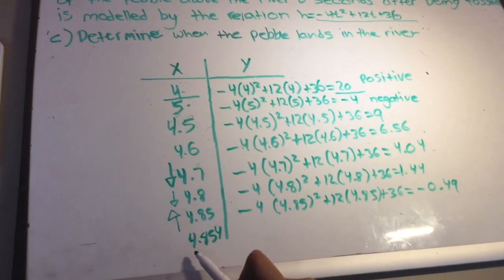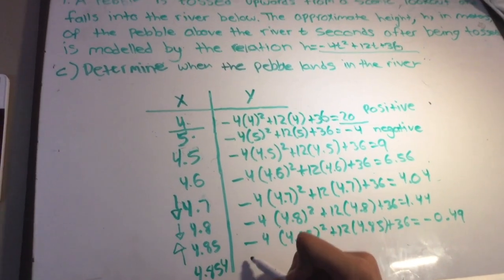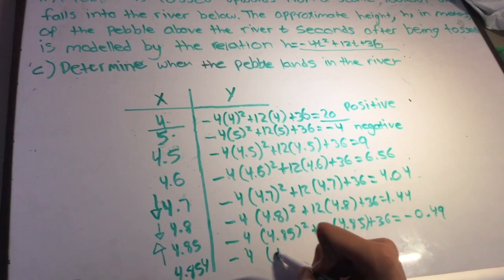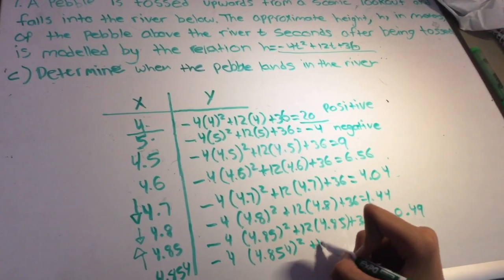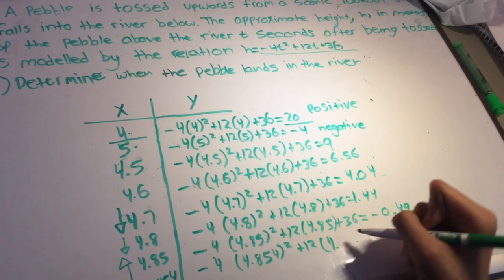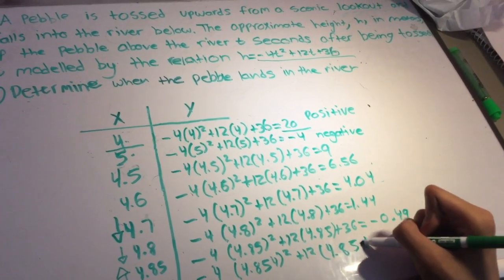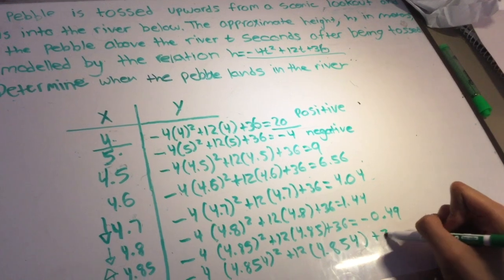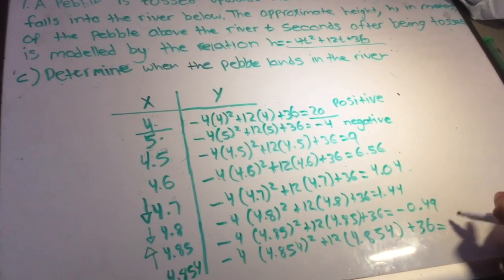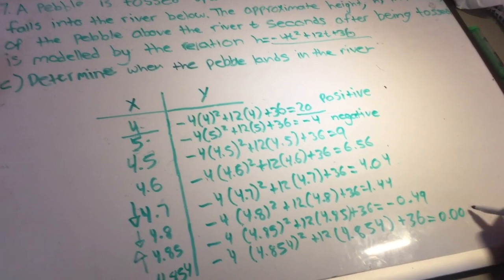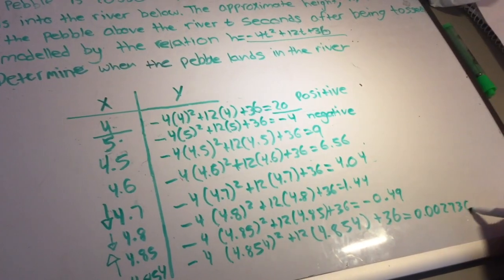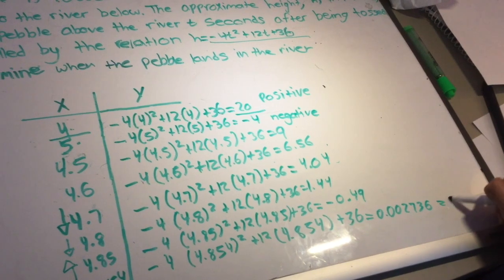So now I must plug in the point 4.854 into negative 4(4.854)^2 + 12(4.854) + 36, which is equal to 0.002736, which will be rounded down to equal 0.